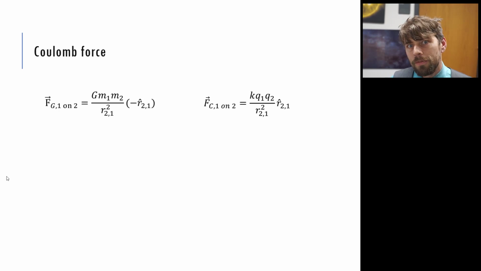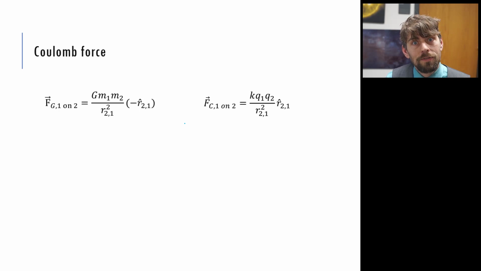And you'll notice some very similar ideas straight off. Both of them have a relative position vector squared in the denominator. And usually we refer to Coulomb's law and the gravitational force law as inverse square laws. They depend on the square of the distance between the two objects.